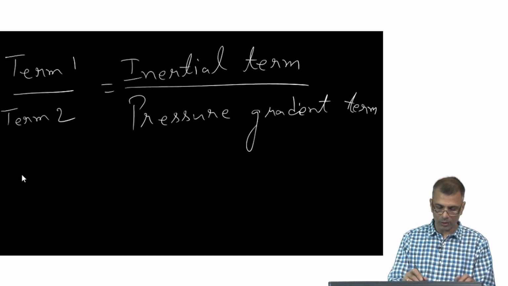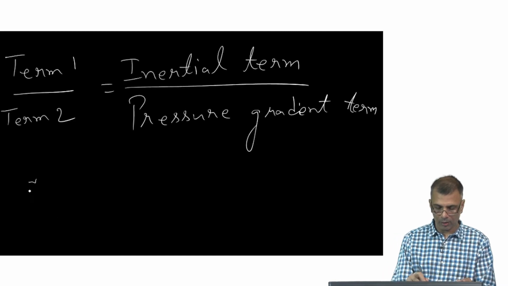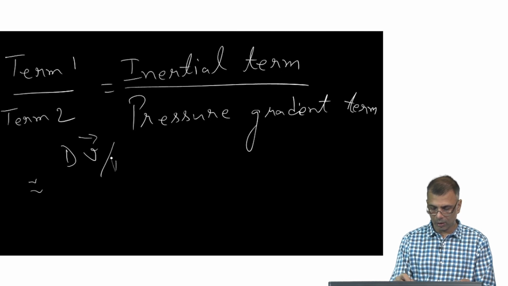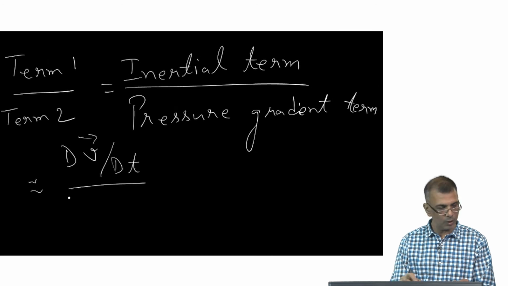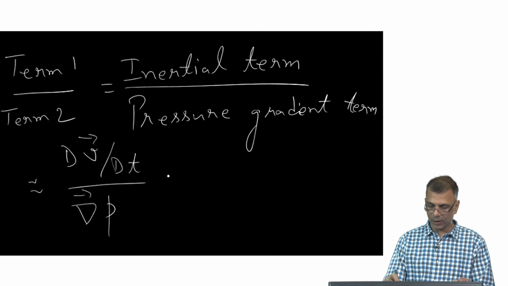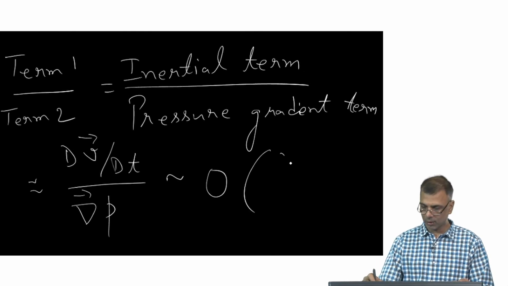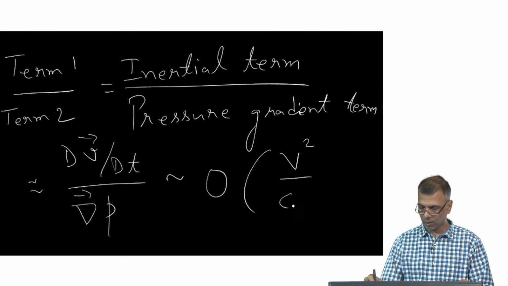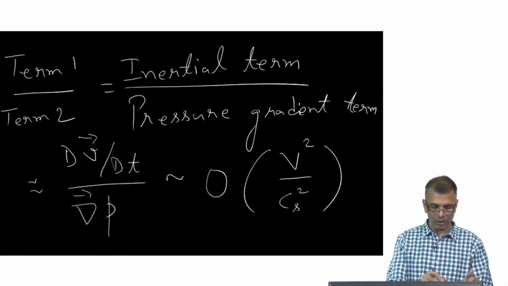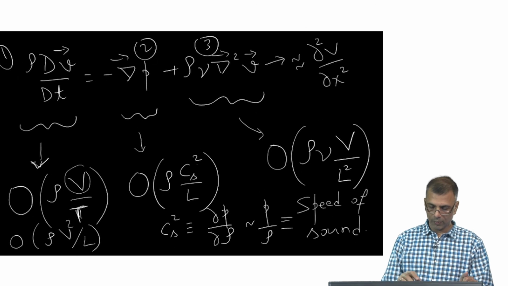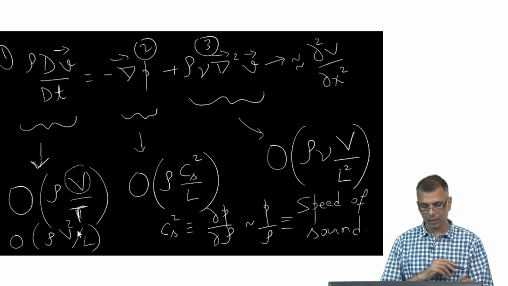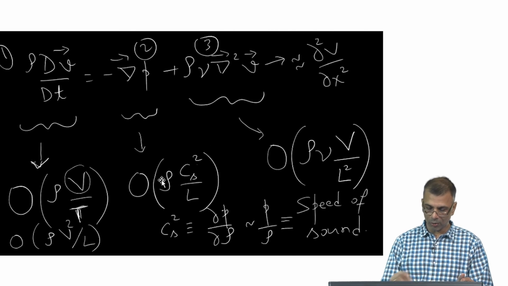So in other words, this is something like the dV/dt term over the gradient of pressure term. This is of the order, and this simply follows from this and this, because the L's cancel out, and the rho's cancel out also.